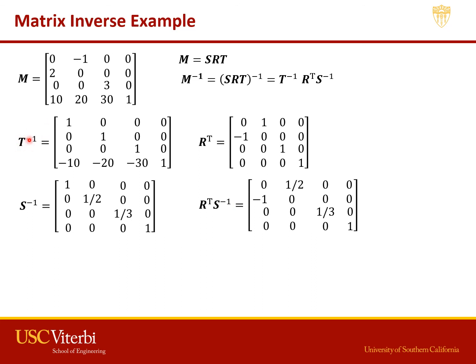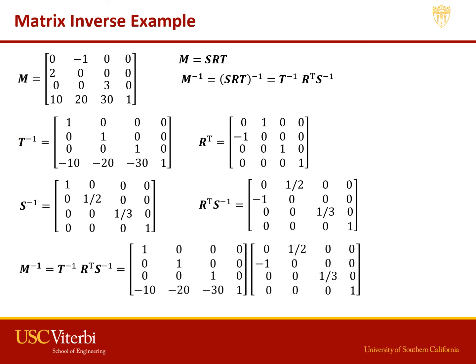Let's just stick the T inverse on the front of it, like so. And you've got it. We just got to multiply this out. You may be tempted to say, oh, I just write -10, -20, -30 here. But that was true when it was an SRT, but now it's a TRS.